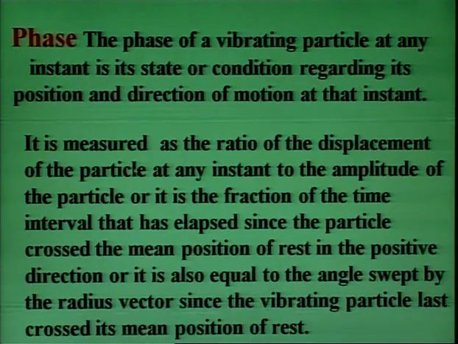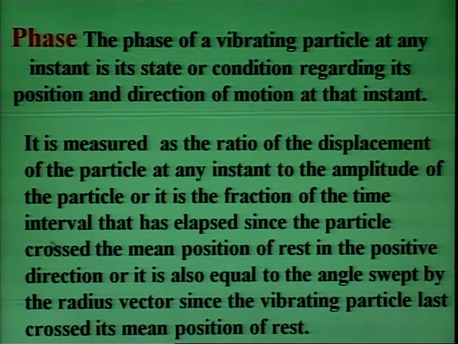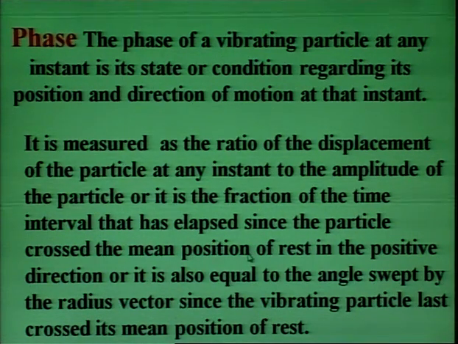It is measured as the ratio of the displacement of the particle at any instant to the amplitude of the particle. So there are different ways of finding phase or representing phase. So one is either it is ratio of displacement to the amplitude, or it is the fraction of the time interval that has elapsed since the particle crossed the mean position.